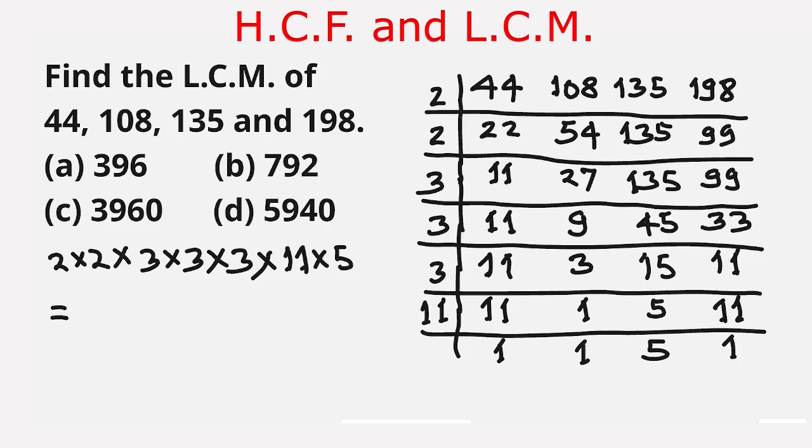Now after leaving 1 2 and 1 5, we multiply all other numbers. 2 times 3 is 6, 6 times 3 is 18, 18 times 3 is 54, and 54 times 11 is 594, and we will put 1 0 at the end.